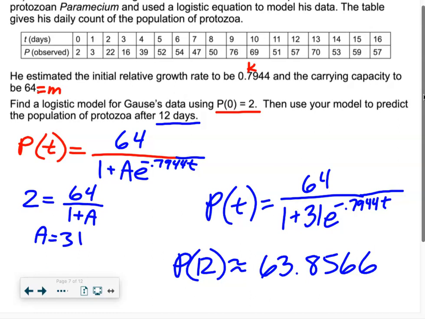So life does not always follow the math model exactly, but if you kept them in there over infinitely many days with proper support, they would probably reach roughly 64. Those wacky paramecium.